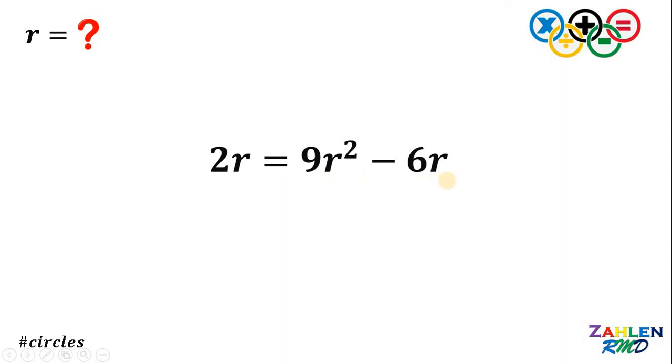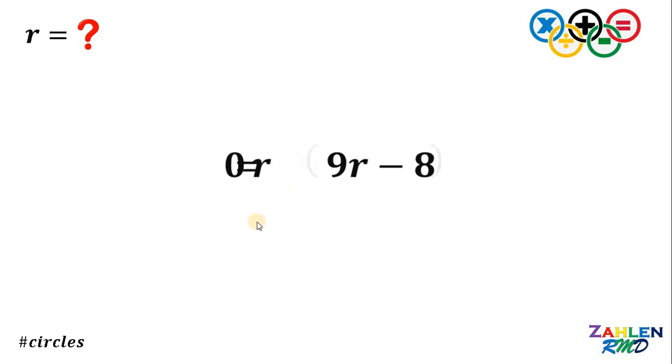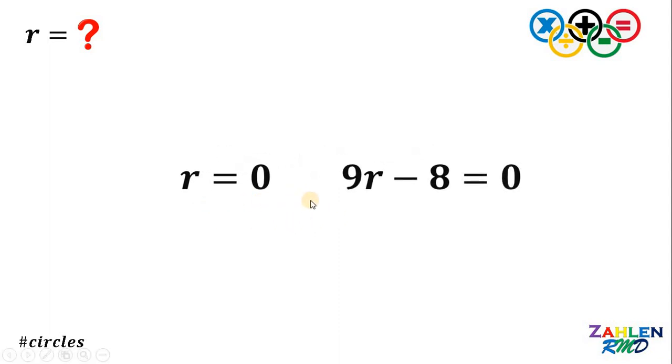Subtract 2r on both sides, so we have 0 equals 9r squared minus 8r. From here, let's factor out r. So we have 0 equals r multiplied by (9r minus 8). Since it is equal to 0, it follows that at least one of them must be equal to 0. So we can say that r equals 0 or 9r minus 8 equals 0.